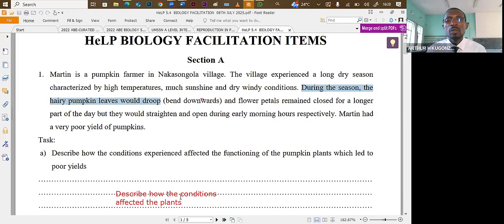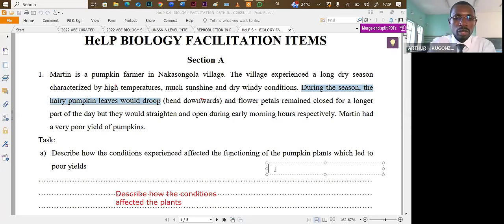And what am I looking for? I'm looking for how the conditions affected the plants. So far I have gotten what I'm looking for, and I'm going to note it down. If in your books you write response number 1, you first write that word: drooping of leaves.